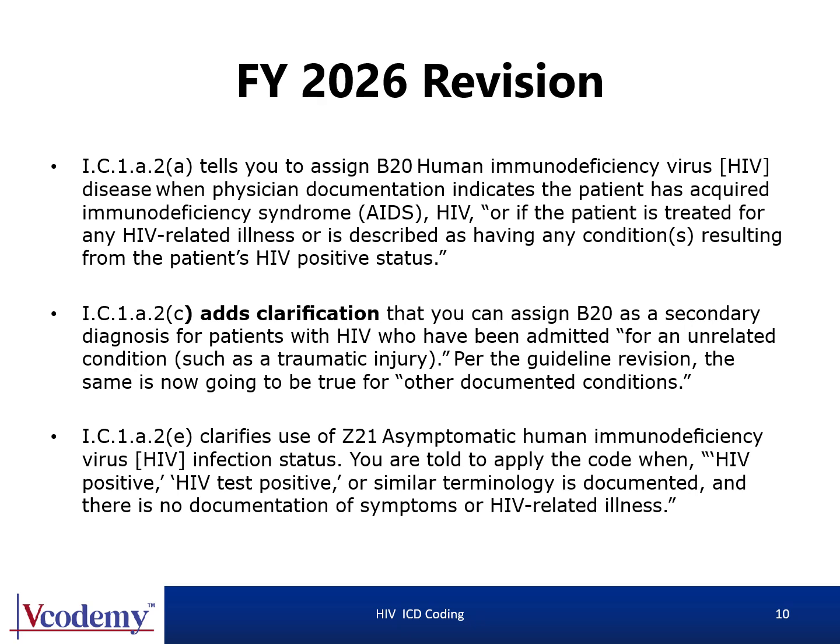And another revision is E. This clarifies use of Z21 asymptomatic human immunodeficiency virus HIV infection status. You are told to apply the code when HIV positive, HIV test positive or similar terminology is documented and there is no documentation of symptoms or HIV related illness.